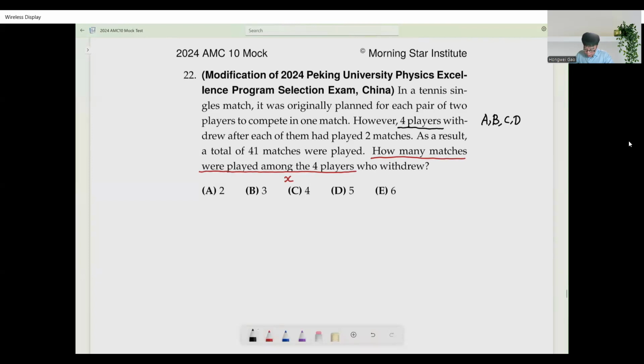First, we denote by N the number of total players. Now, as planned, each pair of 2 players should compete in one match. So as planned, there are N choose 2 matches. And each player should play N-1 times.